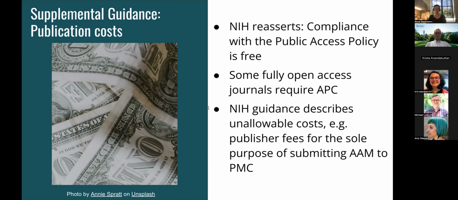So essentially, you can't use grant funds to pay to deposit the author-accepted manuscript to PubMed Central in the case that there's a publisher that wants to charge for that. There's a short list of other unallowable costs, including costs for services for which there is no resulting publicly available product, and also costs incurred after the closeout of the award.